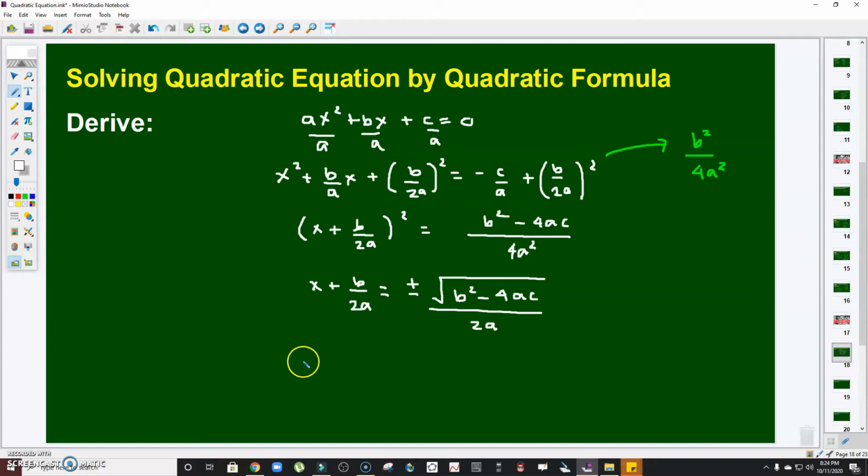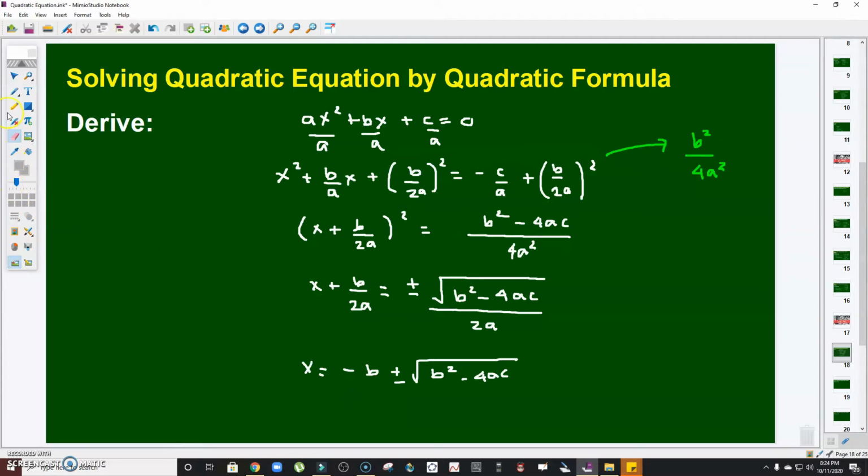See that? Lastly, to solve for x, you have to transpose b over 2a to the right side. So that will be negative b over 2a plus or minus the square root of b squared minus 4ac all over 2a. Since they have the same denominator, that's okay, so I can erase this.